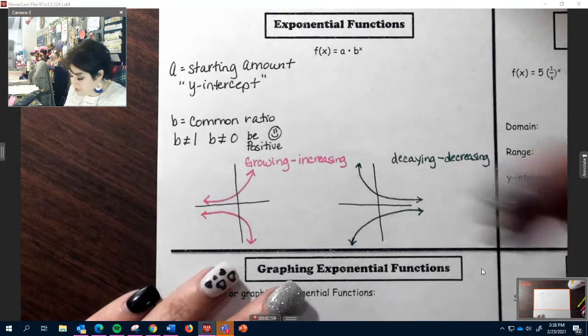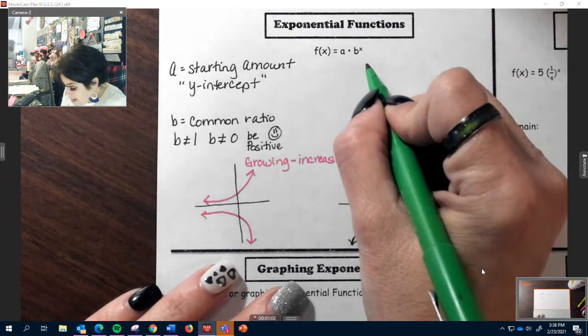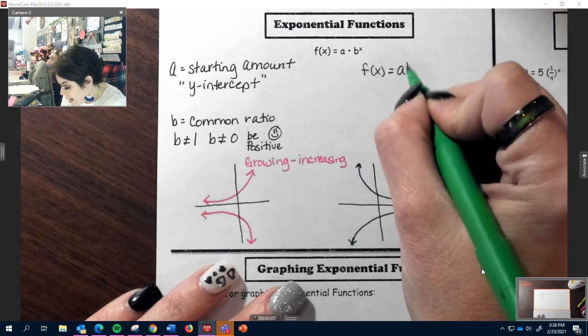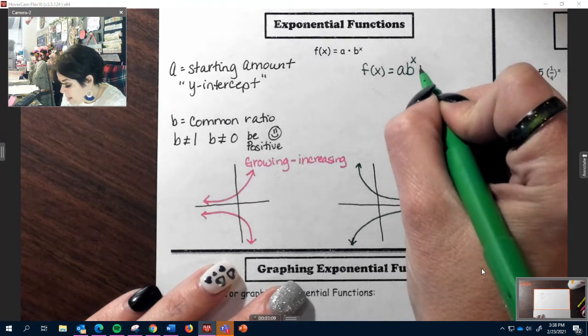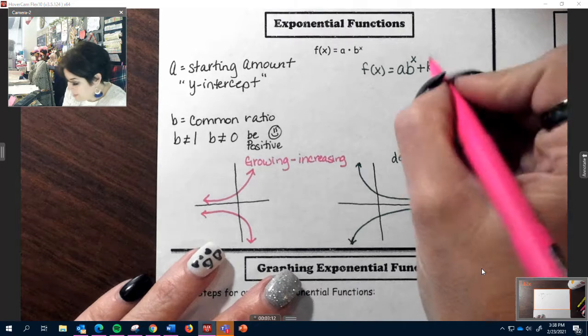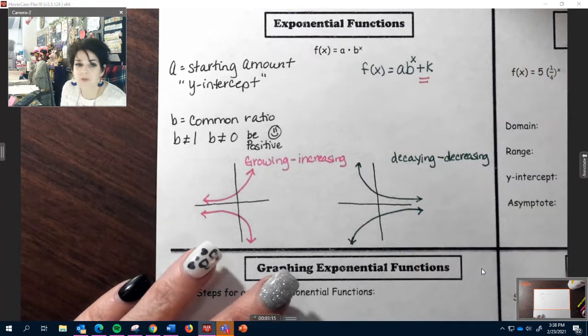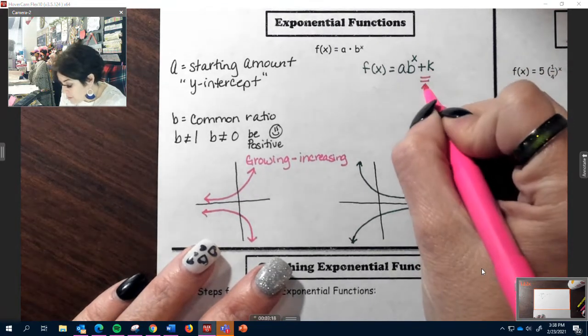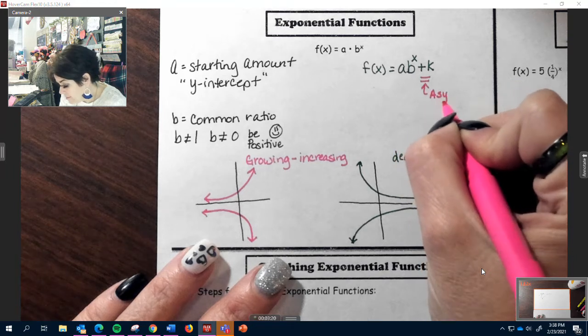I do want to just remind you that we also looked at f of x equals a times b to the x power, and we did plus k. And I just kind of reminded you, and you won't really see this until Algebra 2, but it is handy to know now. K represents the asymptote.